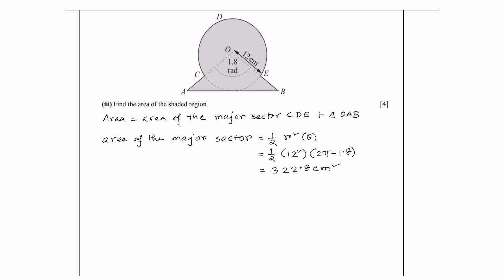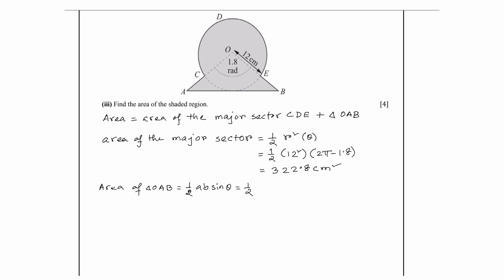Now let's try to find the area of the triangle OAB. The length of the OA is 19.3 centimeter, length of OB is 19.3 centimeter, and angle between them is 1.8 radian. So let's write area of triangle OAB is half times a b sine theta.